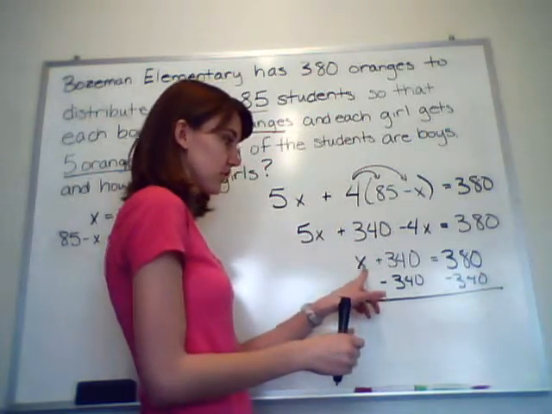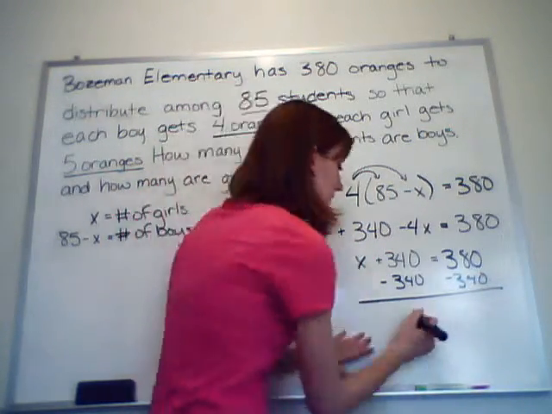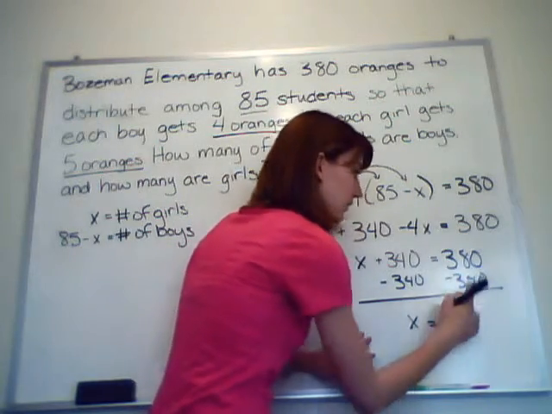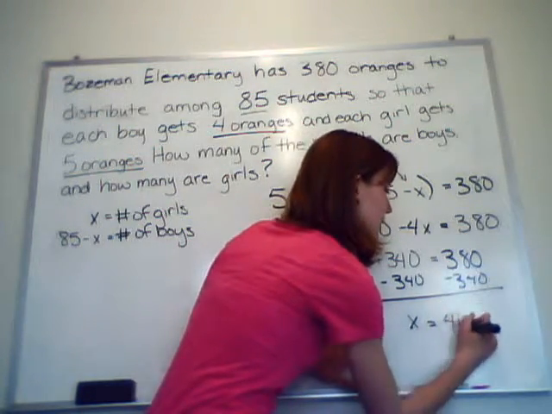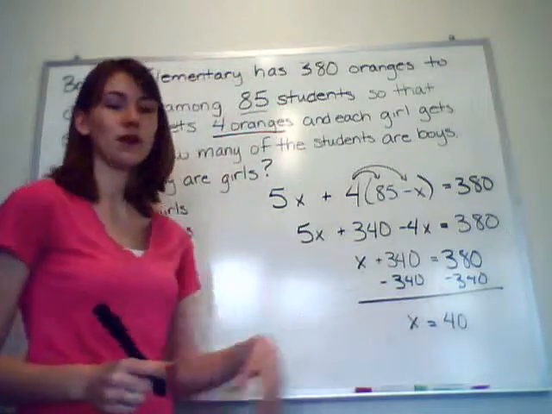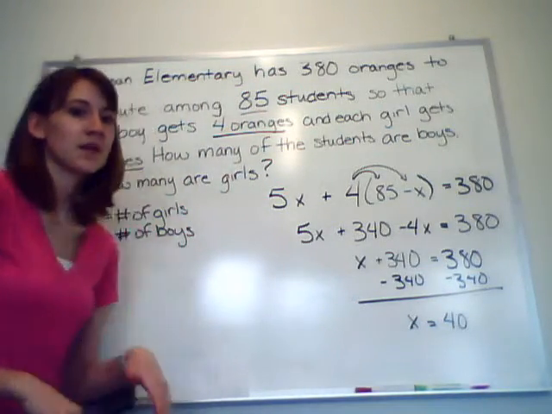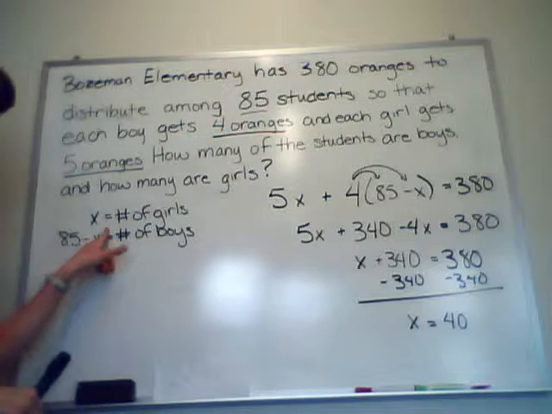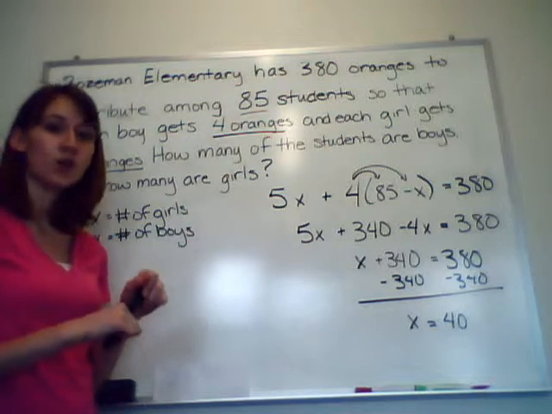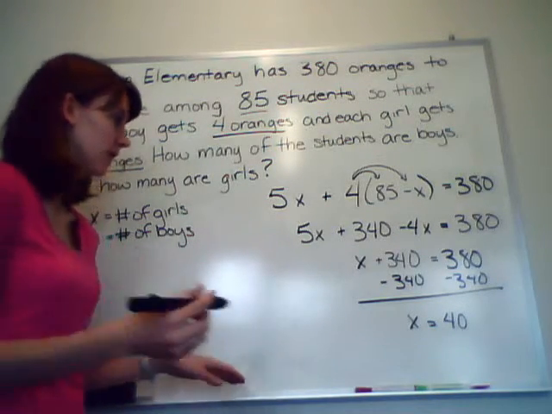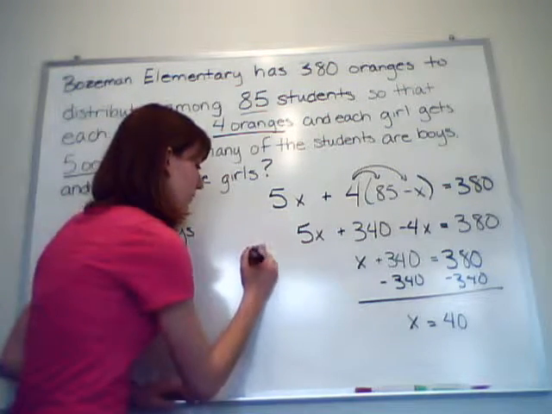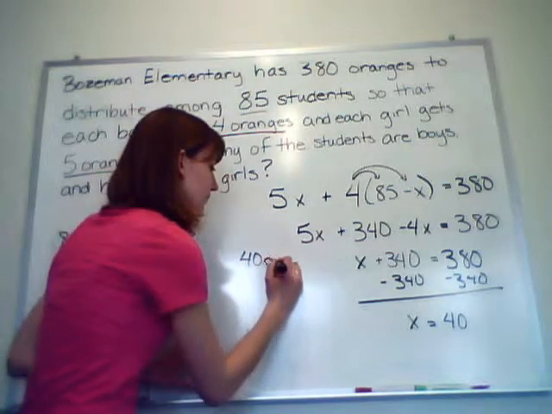So that just leaves us with x on this side, so we're going to take that down, and that is going to equal 40, which is what we get when we subtract 340 from 380. So that shows us x equals 40. And if we look over here, we can remember that we said x shows us the total number of girls that we have. So we now know we have 40 girls.